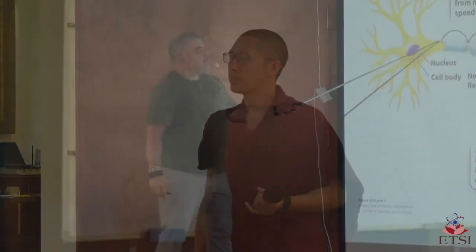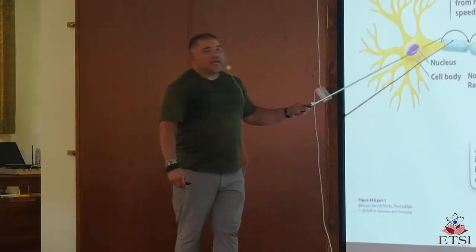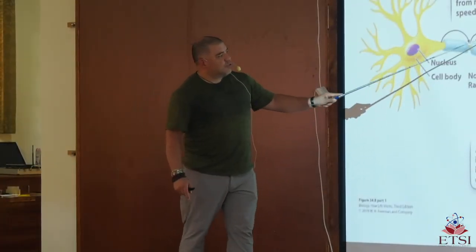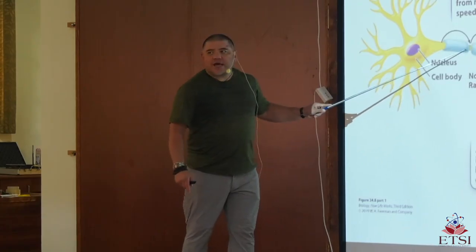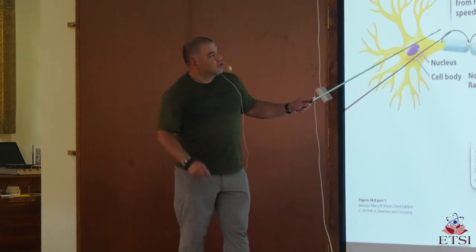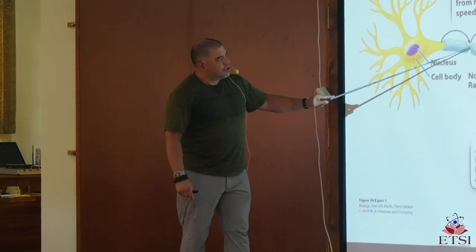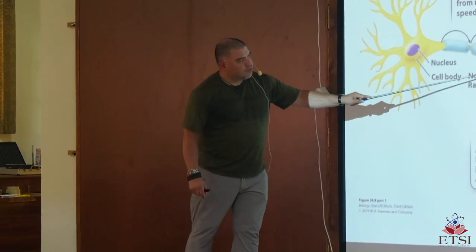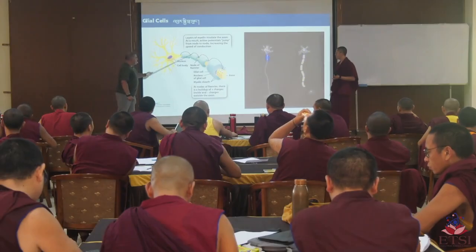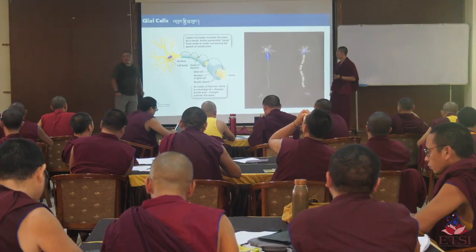And the reason why the action potential is sped up is because where there is insulation, where there is myelin, the action potential does not touch. So it goes from this point to this point to this point to this point to this point, bypassing anywhere with myelin.